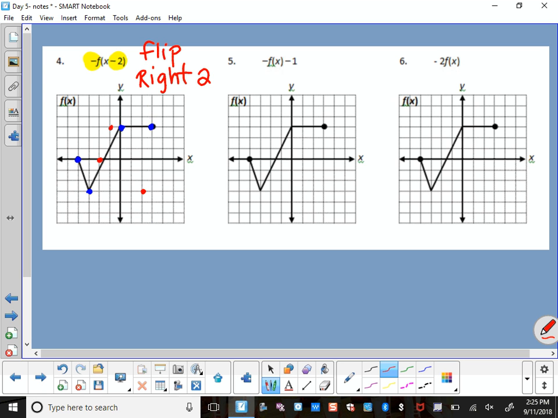And then same with my fourth point. It's up 3, I want to go down 3, and then to the right 2. And so if I draw this graph, it looks something like that.